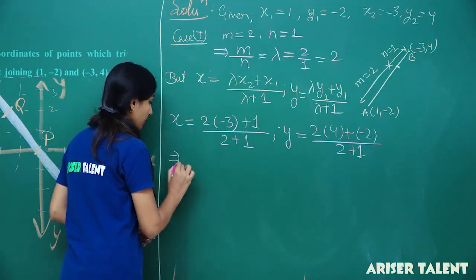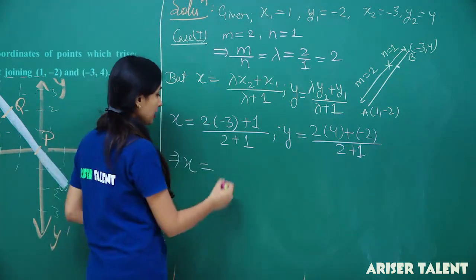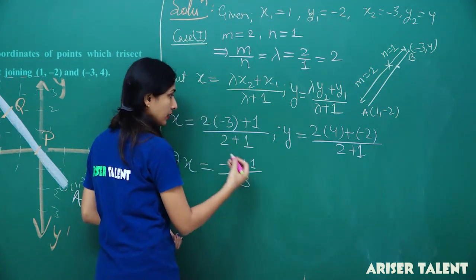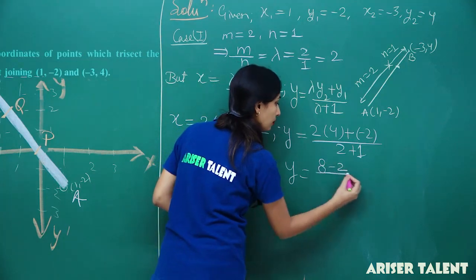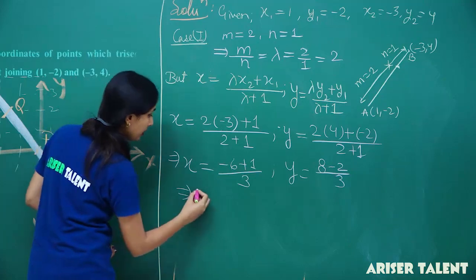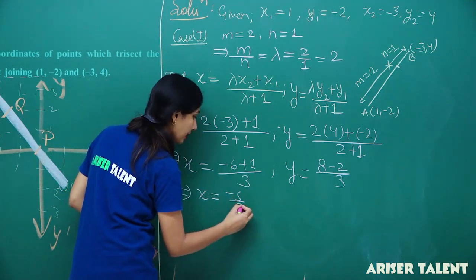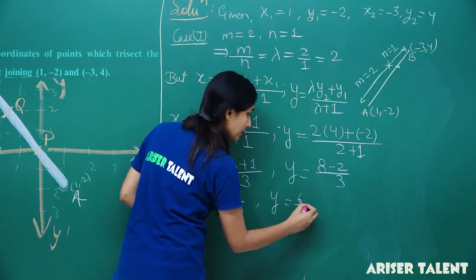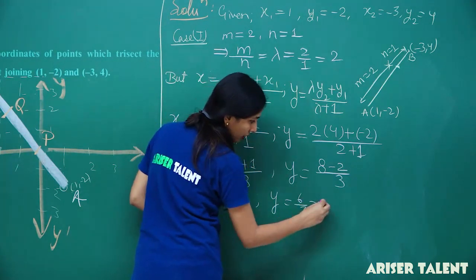Now, just solve these. x equals (-3 multiplied by 2, that is -6, plus 1) by 3, and y equals (8 minus 2) by 3. So x equals -5 by 3 and y equals 6 by 3, which is equal to 2.